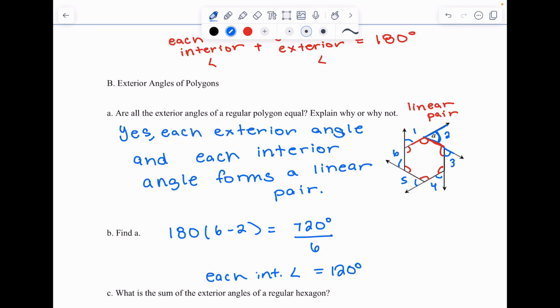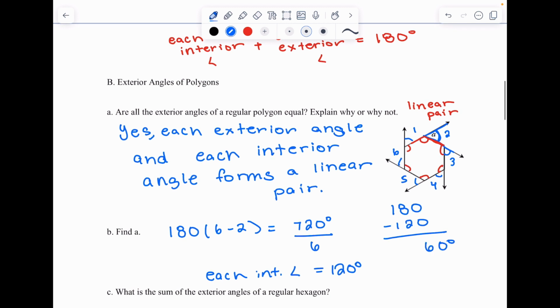But the question didn't ask about interior angles. They want A, which is the exterior angle. Since each interior angle and each exterior angle form a linear pair, I can just subtract 120 from 180 to find out what the exterior angle is. And this tells me that my exterior angles are all 60 degrees.